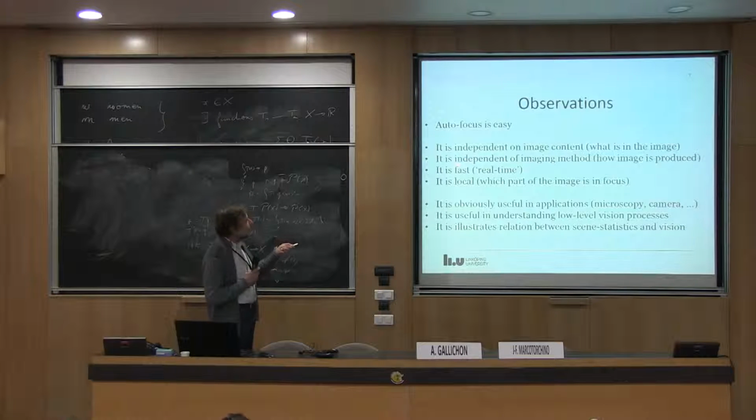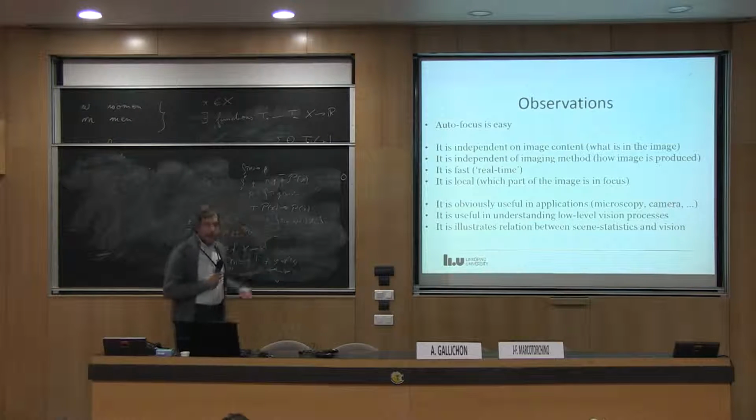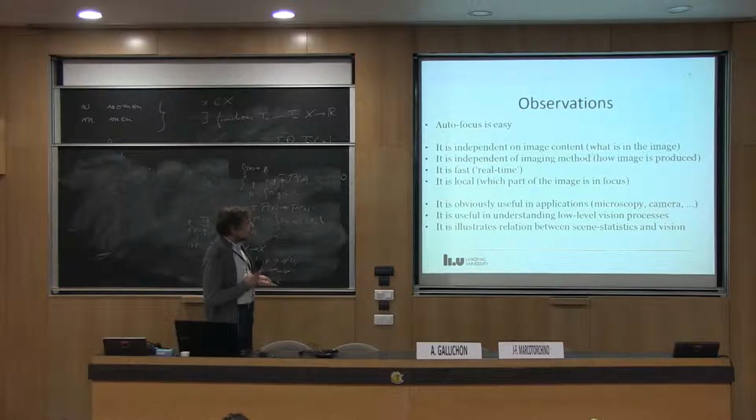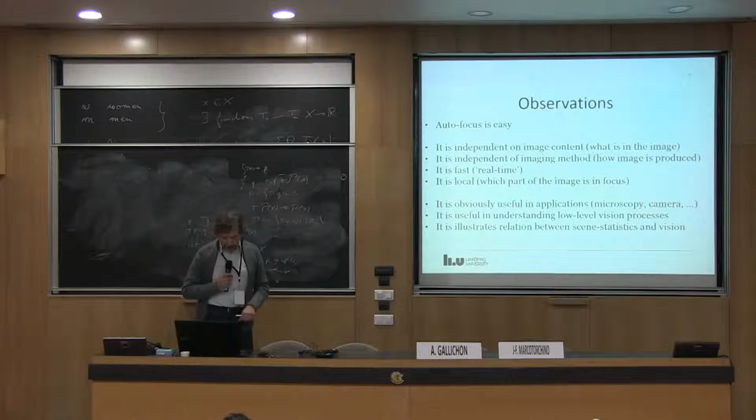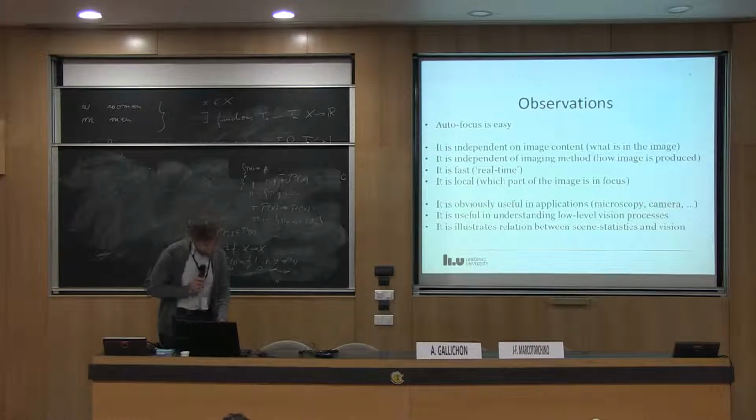So the mechanisms that you have are probably very primitive. So on the practical side, it's obviously useful. And here I think you can understand something about low-level processing. And it says also something about the relation between scene statistics and vision here.